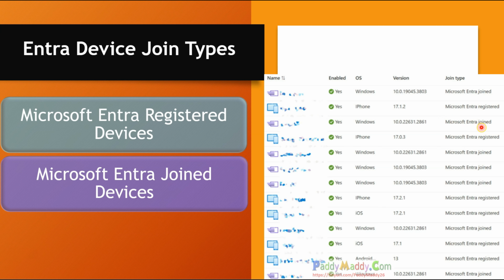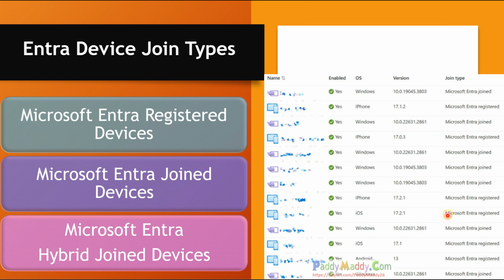This is a full method, with the full features offered by Microsoft Entra, supported for cloud native. And in case you are trying to have your on-premises devices also reported to Microsoft Entra, that device joining method is called hybrid join devices.